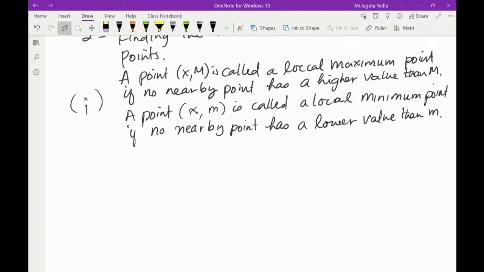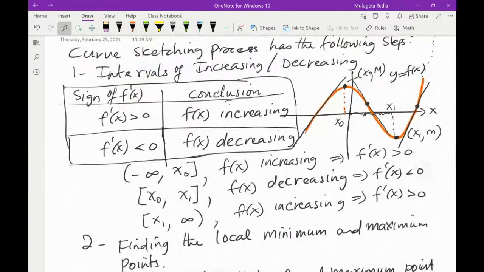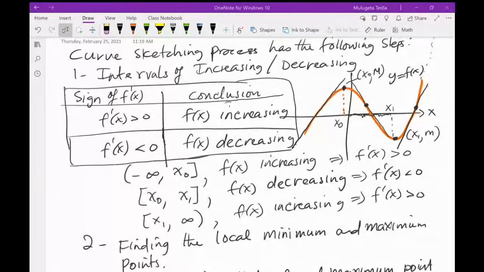But what is the condition that we know about these local minima and local maxima? How do we find them really? At around the local maxima and at around the local minimum, what is the slope of the tangent line?